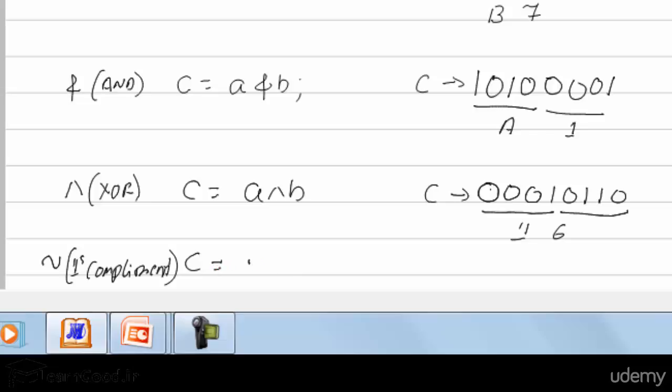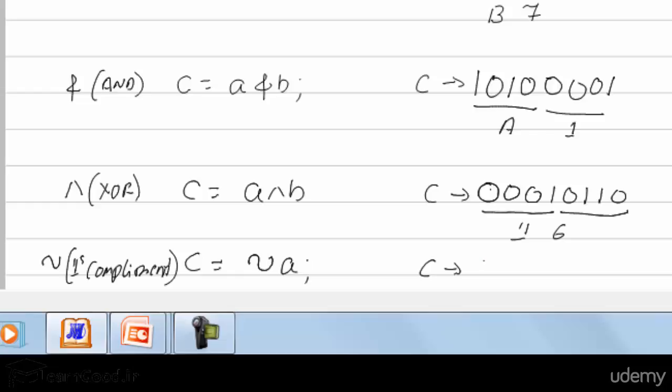C equals, it's a unary operator, so you have to give a tilde symbol of A. So there are no two operands, there's only one operand here. What this ones complement does is convert all ones to zeros and all zeros to ones. So I am asking here the ones complement of A. Your A value here is 1 0 1 0 0 0 1 1. So all zeros are converted to ones and all ones are converted to 0.